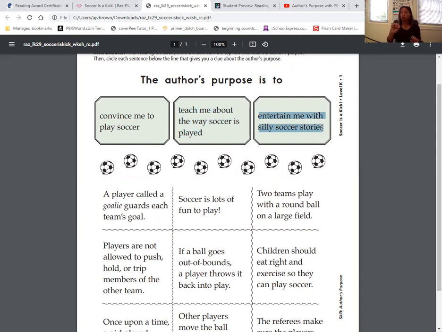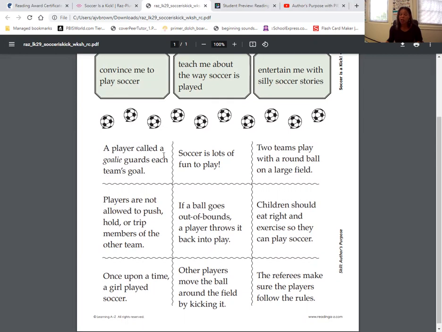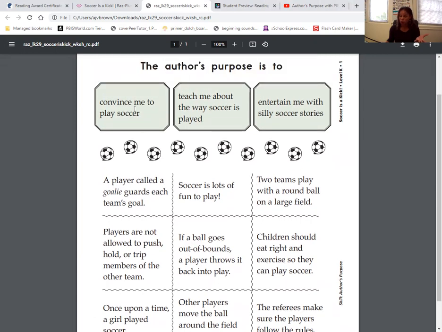The first thing you have to do is circle which purpose you think the author is trying to achieve. Persuade, inform, or entertain. At the bottom, these are some examples that support those purposes. Some of these support the author trying to convince you, so I want you to circle those. If you think the author was trying to inform you about a topic, some of these sentences are facts that will support the author trying to teach you about soccer, so you will circle those.